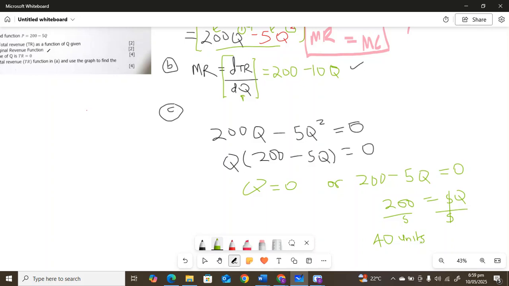So when you make 0 units, your total revenue will be zero. If you make 40 units, your total revenue will also be zero.